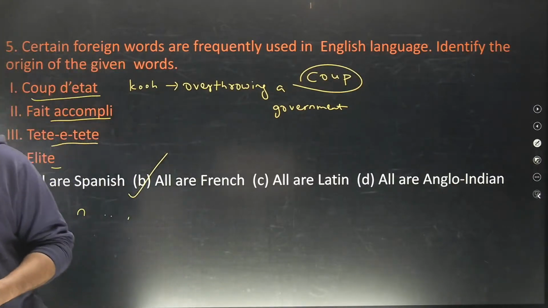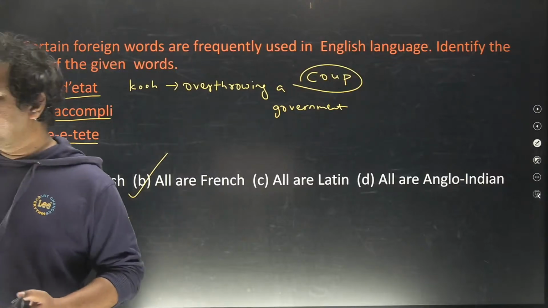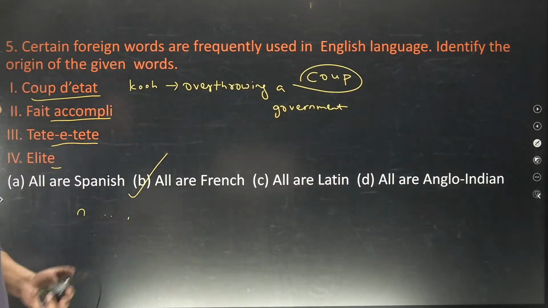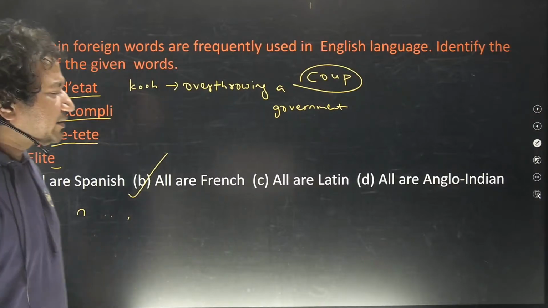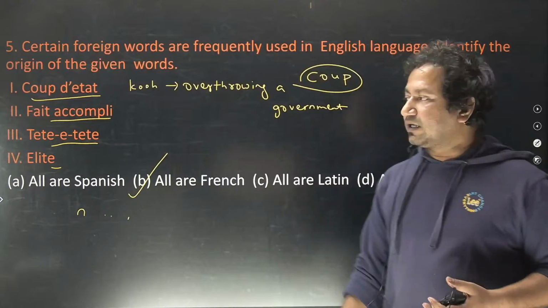Takhta palat in Hindi, coup d'etat. It happened in Myanmar. Yeah, right. But when we use coup d'etat, this word is majorly used when you talk about acting against the government.